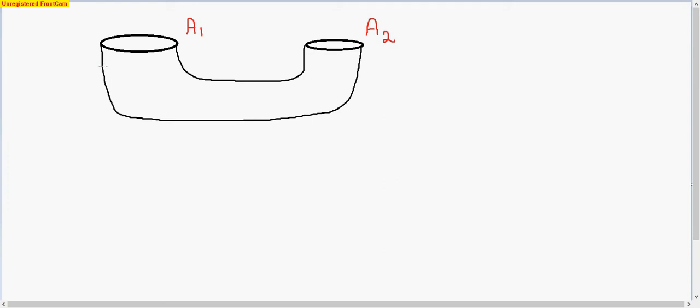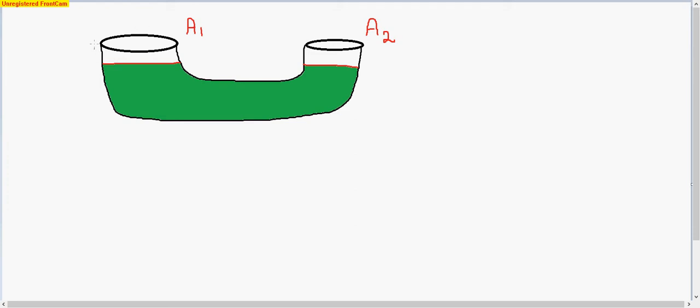Now consider that we have some liquid, not water, any liquid, up to a level over here and over here too. I'll give it a color, green.